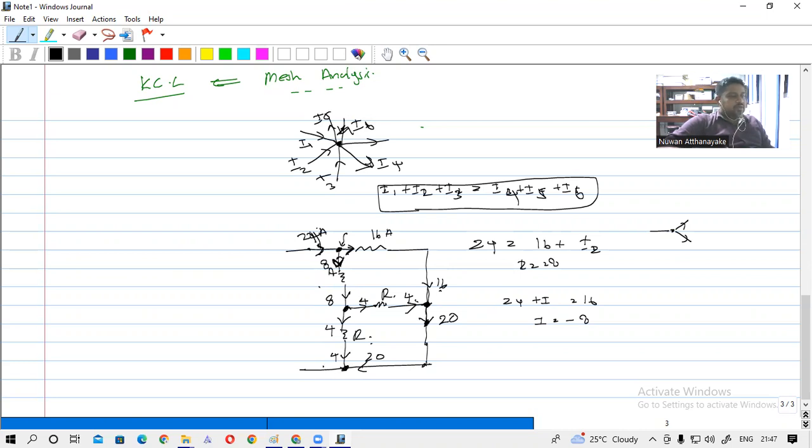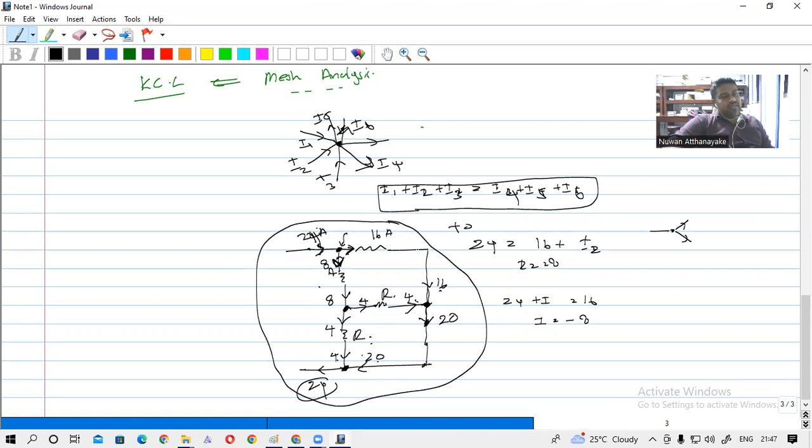Only one branch is available for those currents to go, so the whole total current, this 4 plus 20, will go through this branch, so that will be 24. Likewise you can apply Kirchhoff's current law to find the current of each branch. Sometimes if you have a complex circuit, you have to use both laws to analyze the circuit.